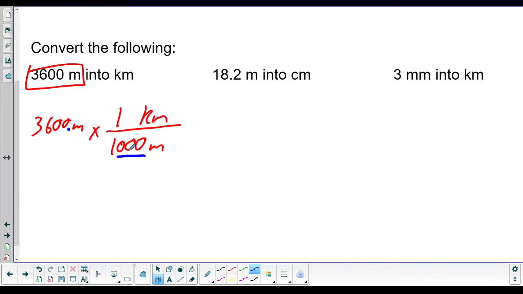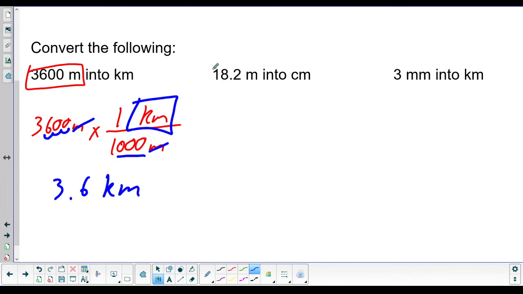Because there are 3 zeros here, we're going to move the decimal 3 places. Because we're dividing, the number should get smaller, so the decimal is going to go to the left. So 3,600 divided by 1,000 just goes 1, 2, 3, and the answer is 3.6 kilometers because our meters cancel and we're left with kilometers.